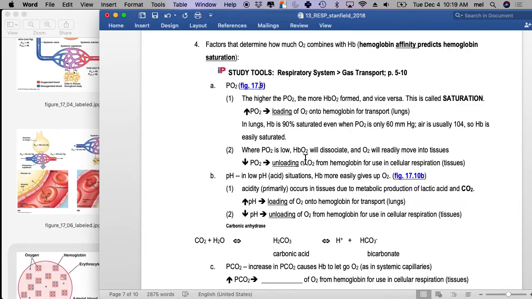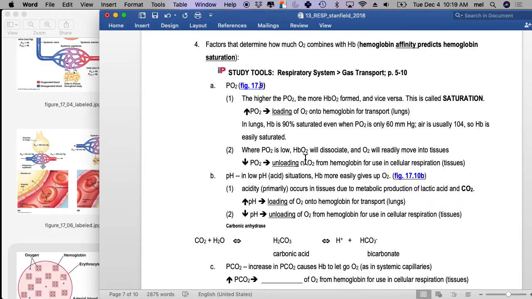So for PO2, our prediction was that the higher the PO2, the more oxyhemoglobin was formed. This is called saturation. So an increase in PO2 causes loading. You get on the bus, for transport. And it's really, really easy to saturate oxygen onto hemoglobin because there's so much more in the air than there ever is in the blood. There's tons and tons in the air, comparatively speaking.